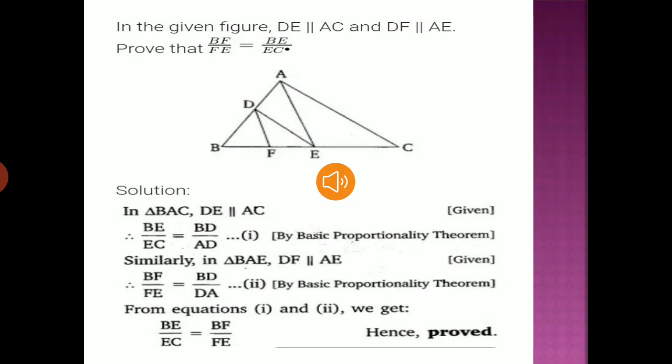Similarly, in triangle BAE now, DF is parallel to AE. By the basic proportionality theorem, we can write the ratio of the sides BF by FE is equal to BD by DA. Call it as equation 2. From equation 1 and 2 now, we get BE by EC is equal to BF by FE. Hence, proved.